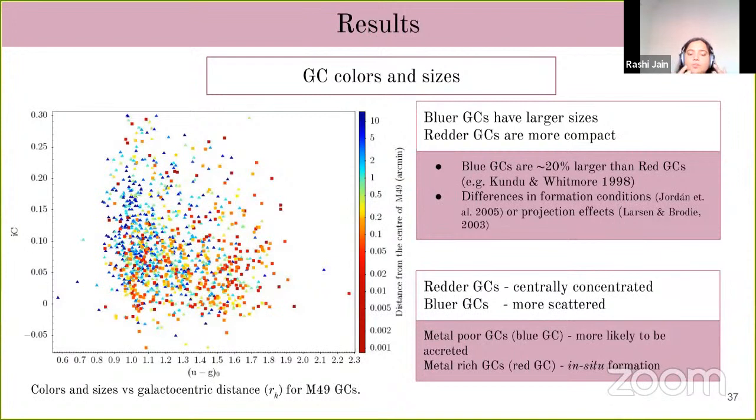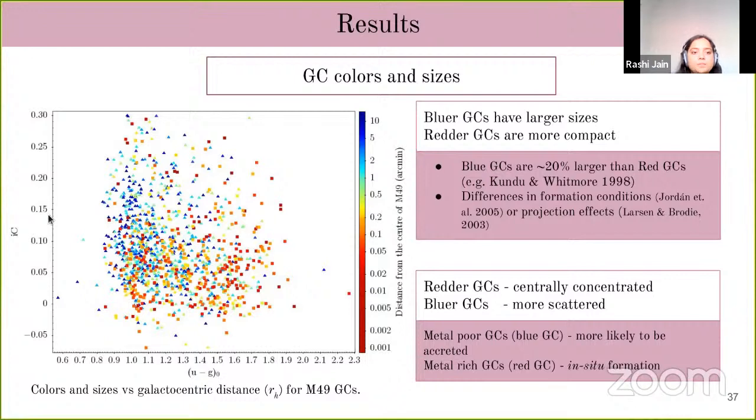The formation of red globular clusters is expected to have happened within the galaxy itself, or in situ, whereas the blue or metal poor globular clusters are expected to have been accreted from satellite galaxies or the intracluster part. So since the formation of these two subpopulations of clusters is distinct, we also expect them to have distinct properties. For example, their sizes, their distributions, etc.